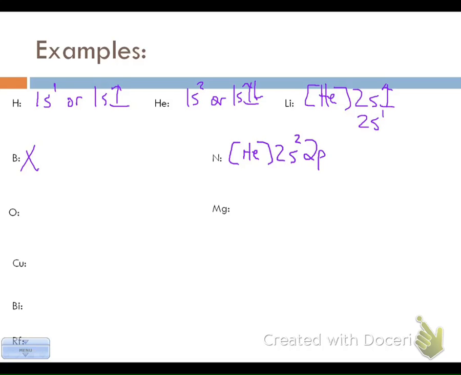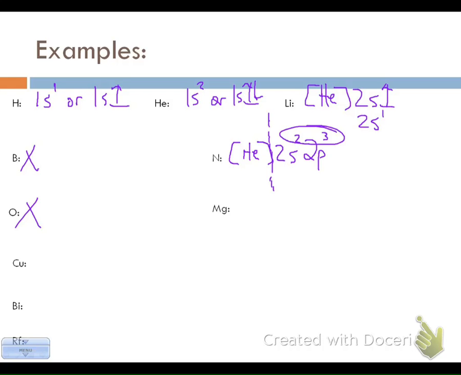One good thing this does for us is it very clearly delineates between the inner core and the valence shell. So what you write on the right will be all the electrons either directly valence, or in the case of the transition metals, at least available for some kind of bonding. All right, I'm going to skip oxygen as well.